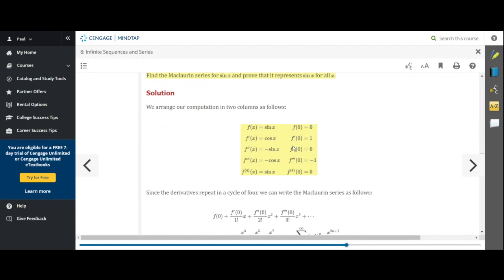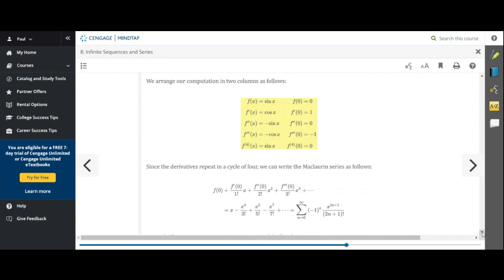And to the right are the values of those derivatives at a equals 0. Then you substitute in the values of the function and its derivatives at a equals 0 into the Maclaurin series below.